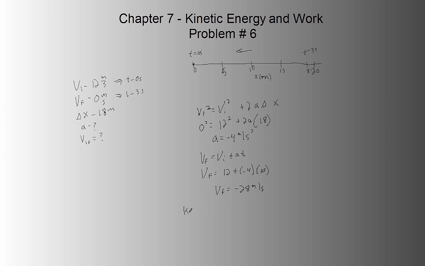Now, what's the kinetic energy at 10 seconds? 1/2 mv squared. The mass given in the problem is 1.8 e to the negative 2 kilograms, and the velocity, the square means that the negative doesn't even matter.